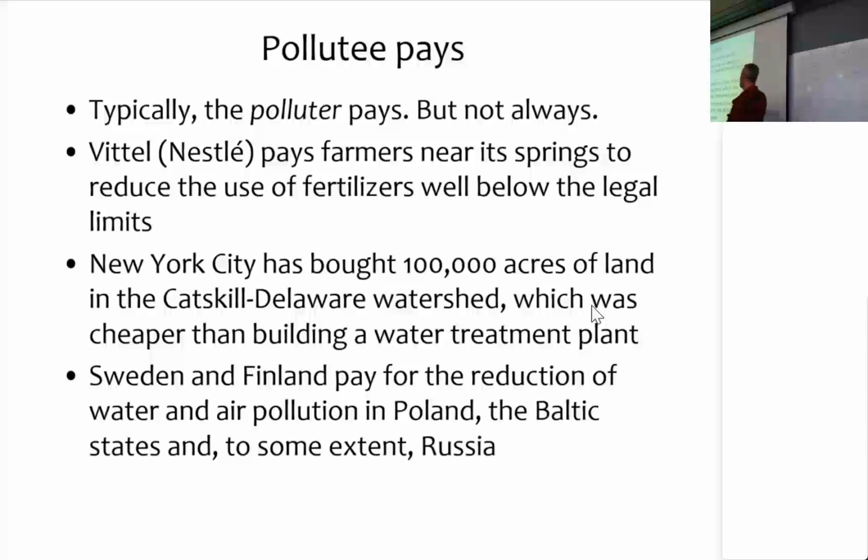Similar example, Sweden and Finland, after the Berlin Wall came down, essentially paid, this is within a country, this is between countries. They looked at the industry across the sea and said, well, there's lots of stuff ending up in the water that comes from Poland, that comes from Lithuania, that comes from Latvia.